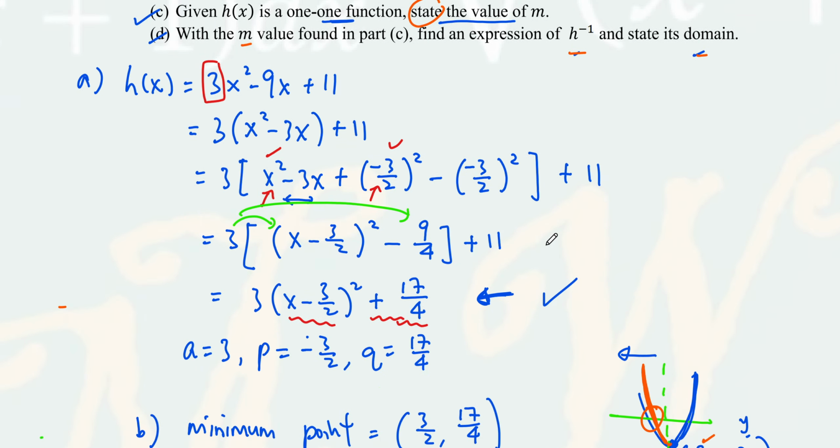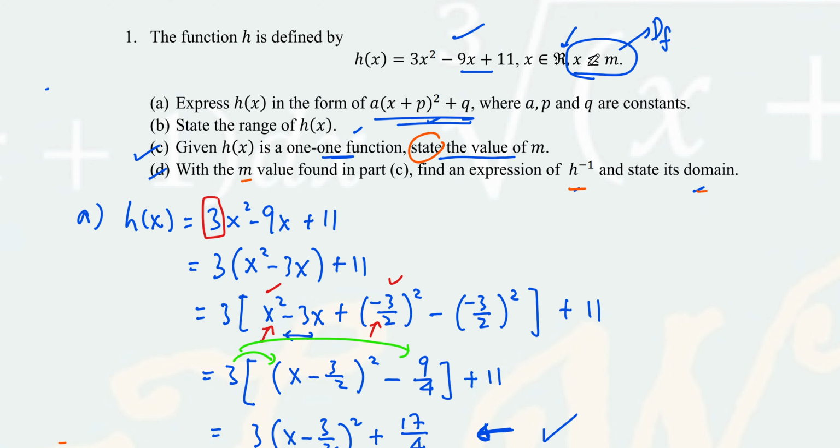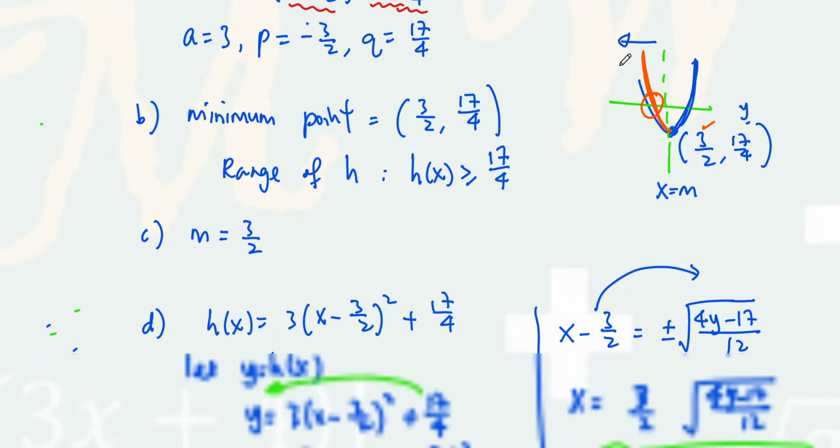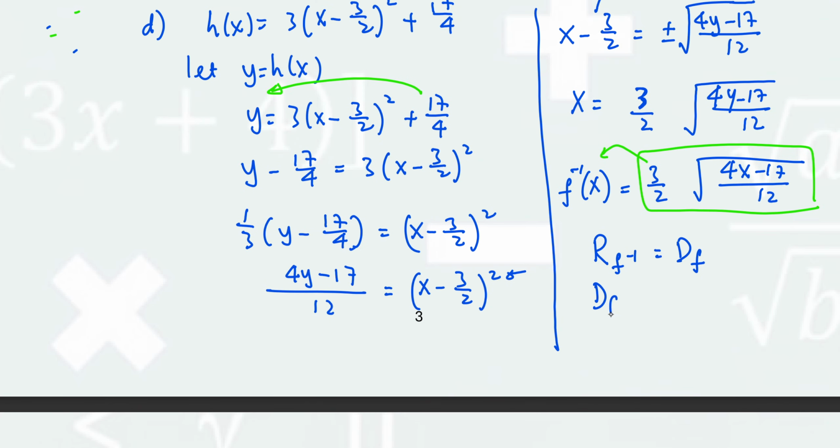And just now we have found the m is basically 3 over 2, which means your domain of h is x less than or equal to 3 over 2. So here I will write my domain of h is x less than or equal to 3 over 2, which means my range of h inverse is going to be h inverse.